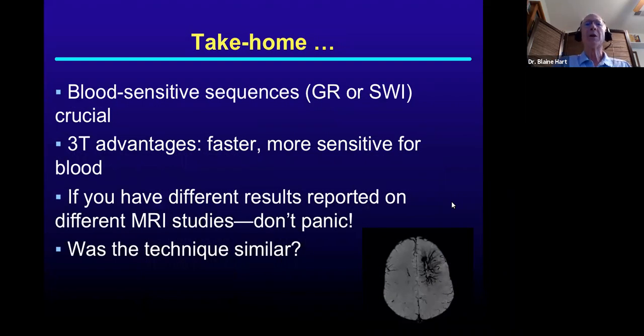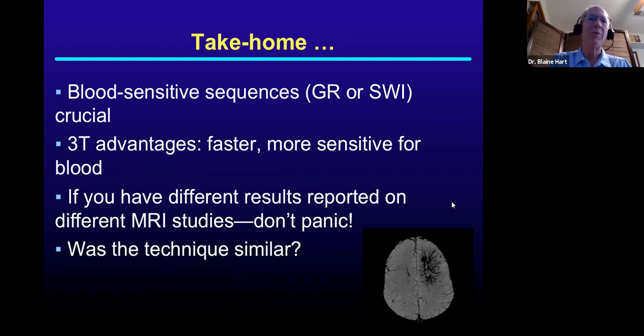So the take-home message on this is that a blood-sensitive sequence is really important for cavernous malformations. Other sequences should also be used. If you have different results reported on different MRI studies, be careful how you interpret that. Don't panic about that, because the first question is, did they do the same thing? Did they use the same technique?